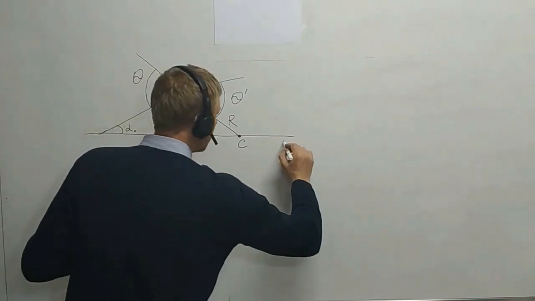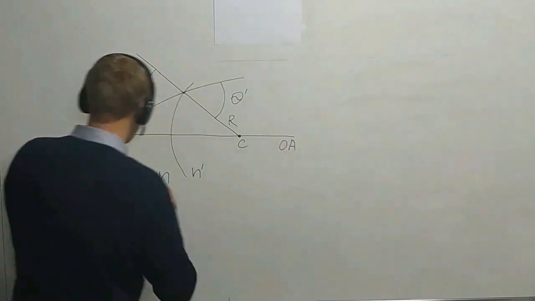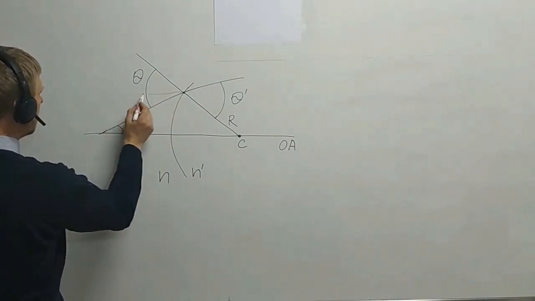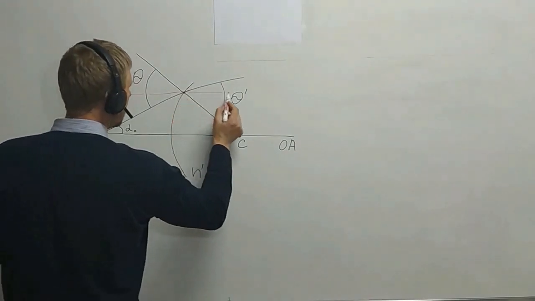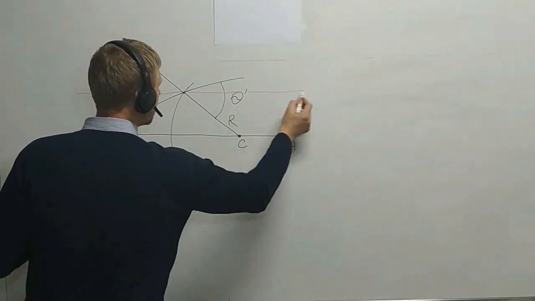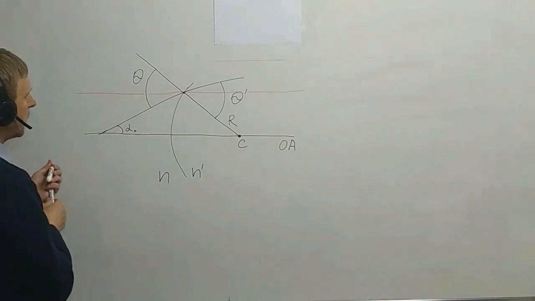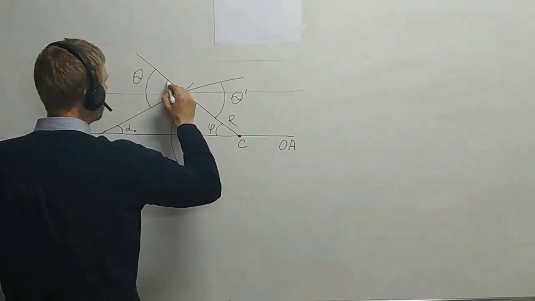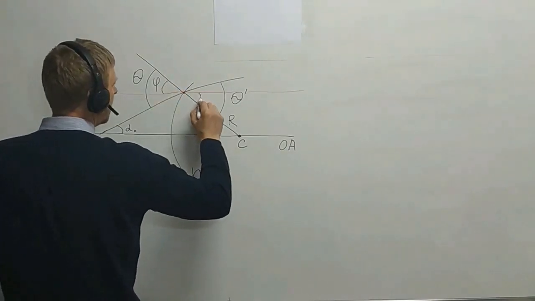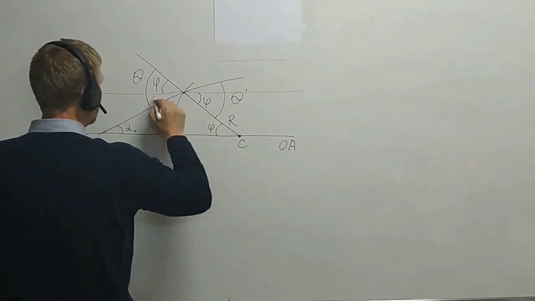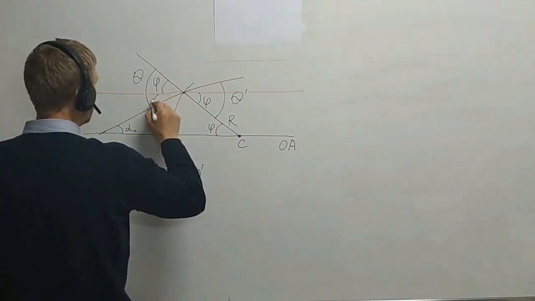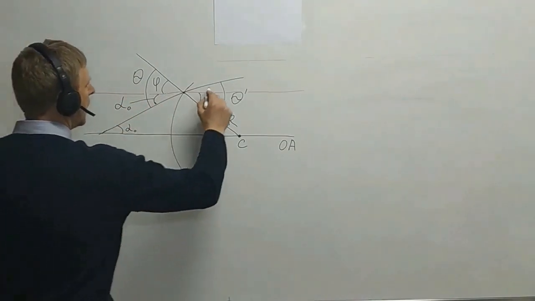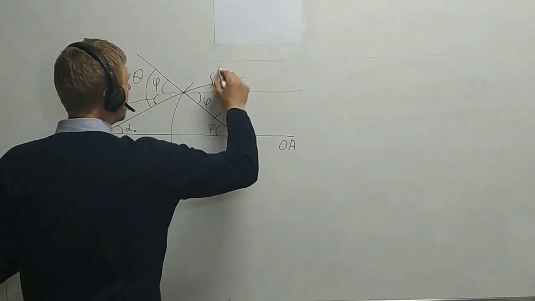So this is my optical axis, and this is the line parallel to the optical axis. So if this angle is phi, this angle is also phi, this angle is phi, this angle is alpha 0, and now this angle is alpha 1.